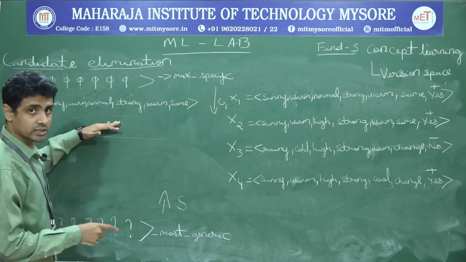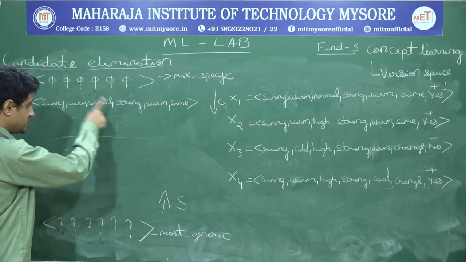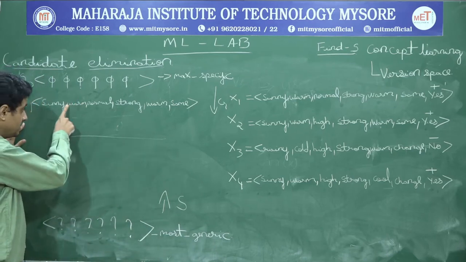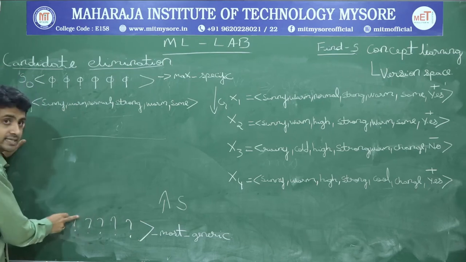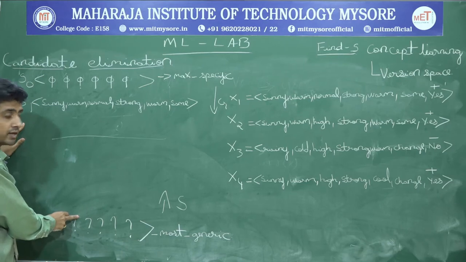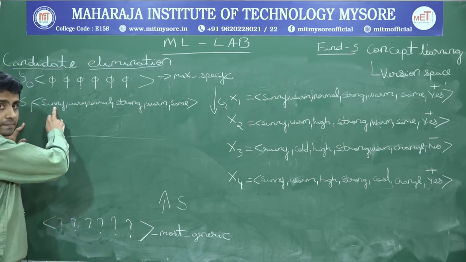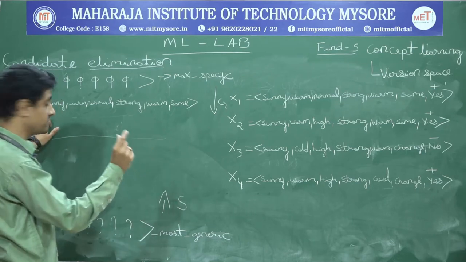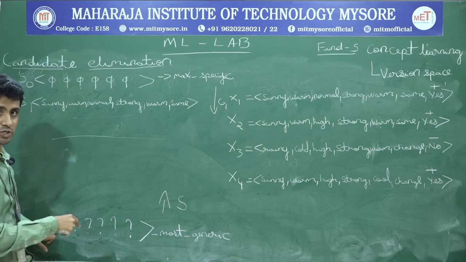Once you have done this, the algorithm is not yet over. The algorithm says to check whether this specific hypothesis can be made more generalized. Sunny is specific because it mentions a specific attribute value. Can it be made more generalized than question mark?